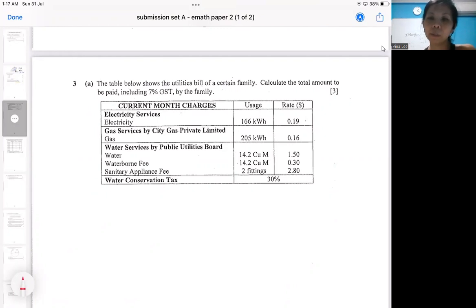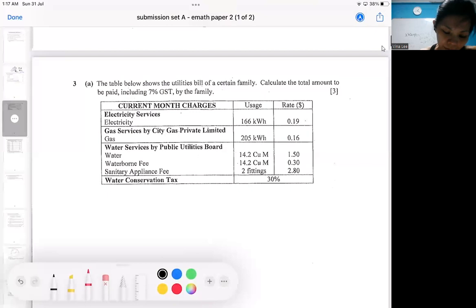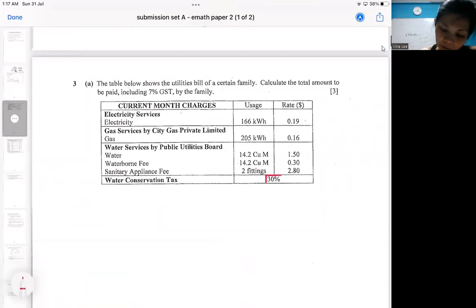That means they tax people on the amount of water used. They tax an extra 30%, trying to encourage you to save water. So whatever you're using for your water, your bill actually increases by 30% just from the water usage. So this is the 30% that we applied to the water.